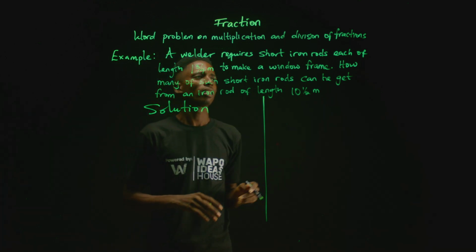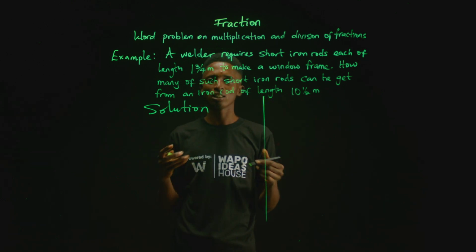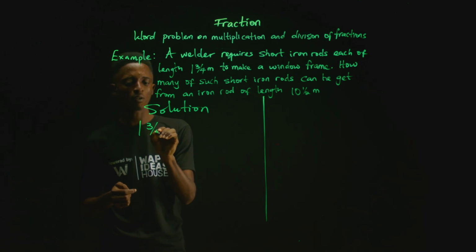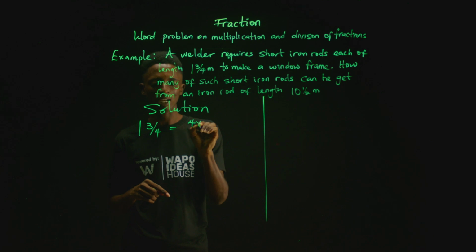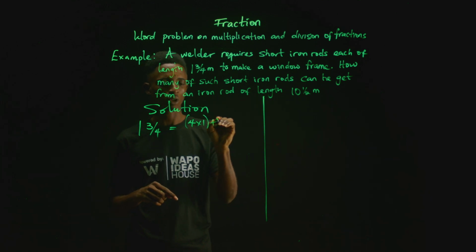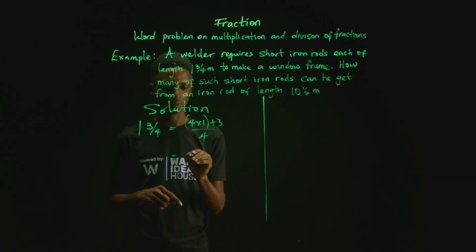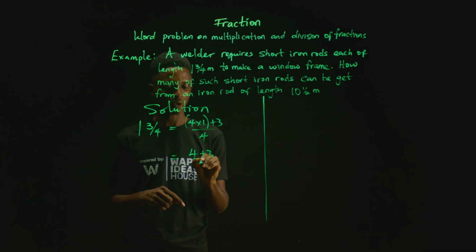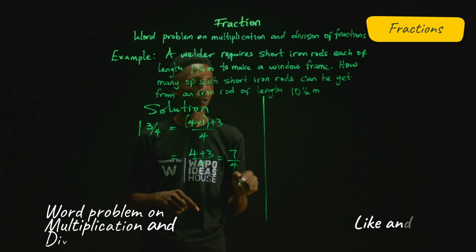Solution. The first thing we want to do is to convert all of these mixed numbers into improper fractions. That is, 1 3/4 would become 4 times 1 plus 3, over 4. And this would give us 4 plus 3 over 4, giving us 7/4.